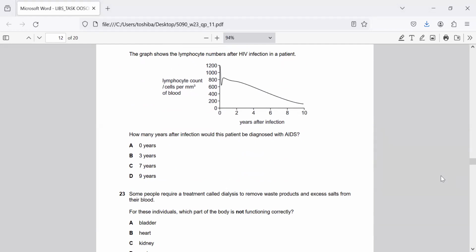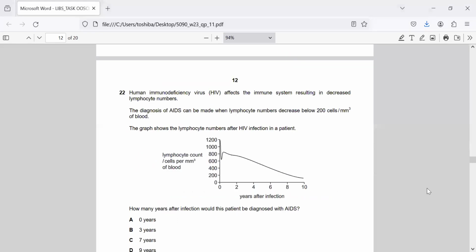Okay, this is the graph in which the lymphocytes number is lymphocyte number after the HIV infection in a patient. How many years after infection would this patient be diagnosed with AIDS? As the lymphocyte number decreases below 200, as it is mentioned in this question, that lymphocyte number decrease below 200, the diagnosis of AIDS can be made.